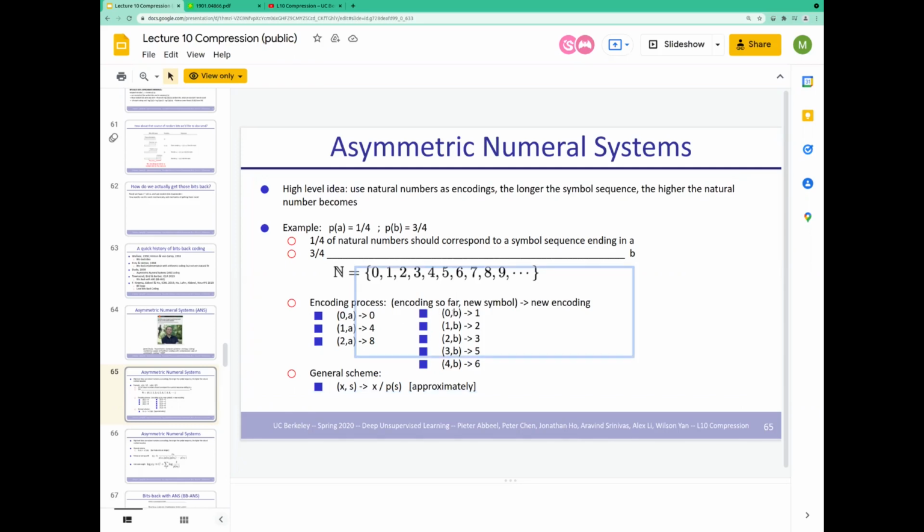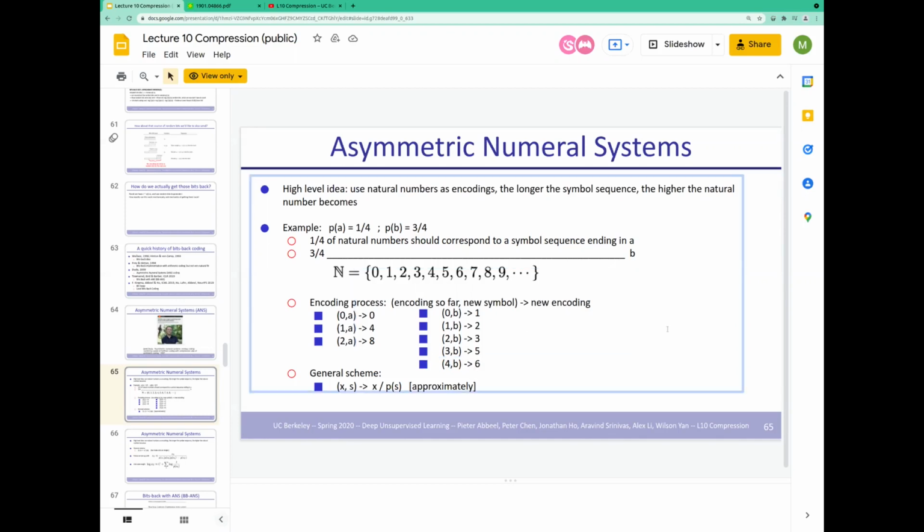If the first letter is B, then it becomes 1. Now if it's going to be BB, so if the previous number was 1 and a B came, then it becomes 2. If the previous number was 1 and then an A comes, it becomes 4. And so you have to look at 4 and B, and then it becomes 6.